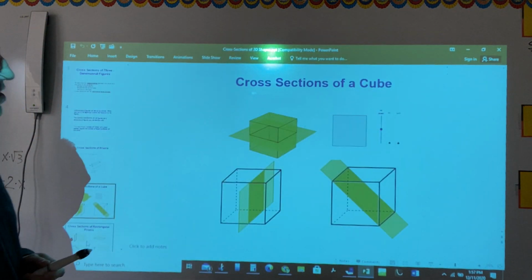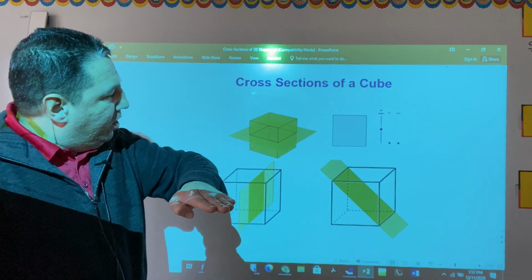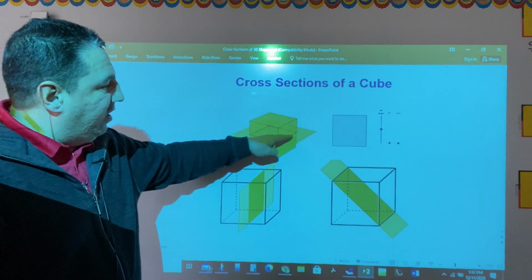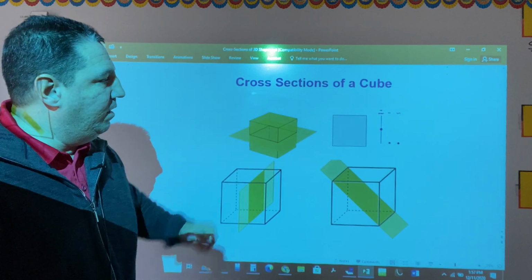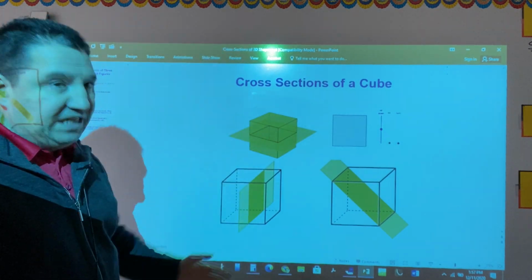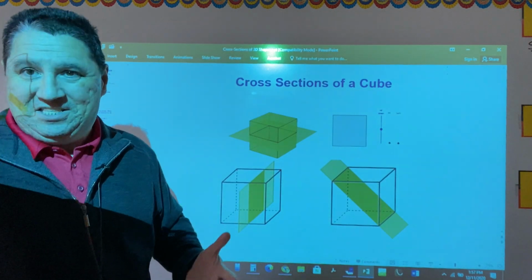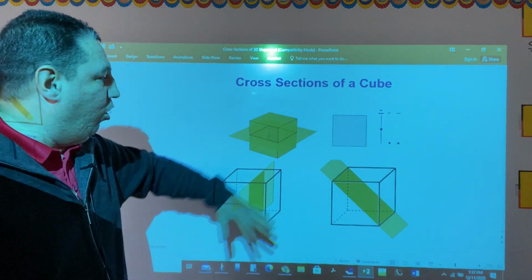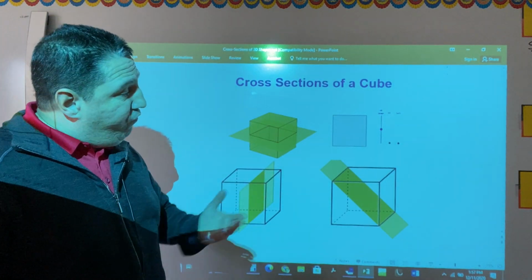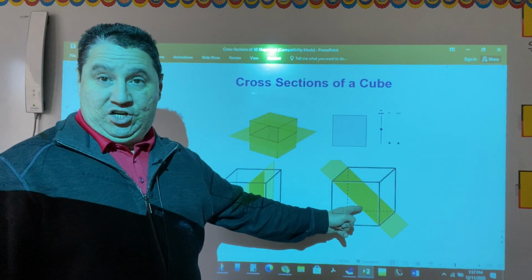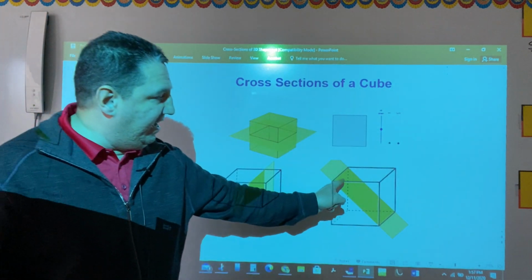Another case is a cross section of a cube. When we cut a cube horizontally, the resulting cross section would be a square. If we cut vertically a cube, the resulting cross section is the same, a square, because all faces are squares. But what happens if we cut a cube obliquely, like in this case?